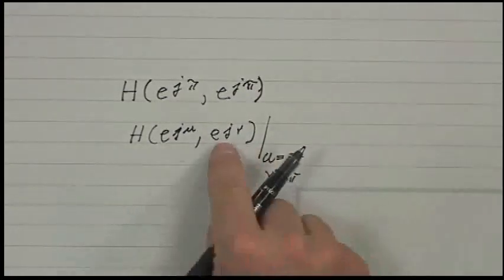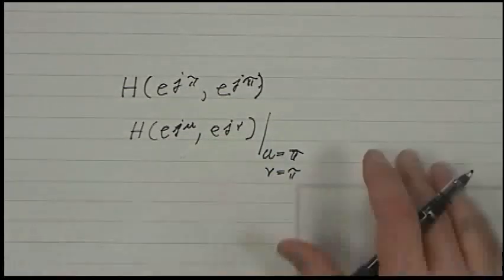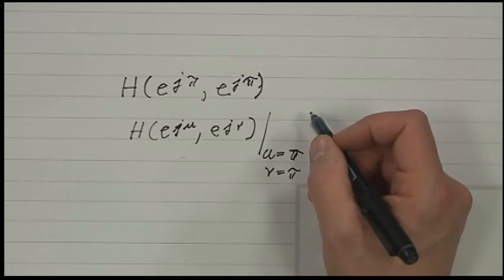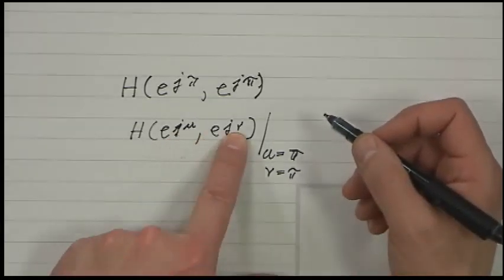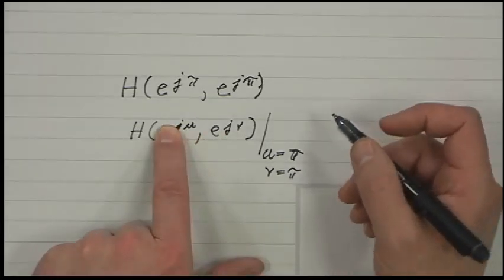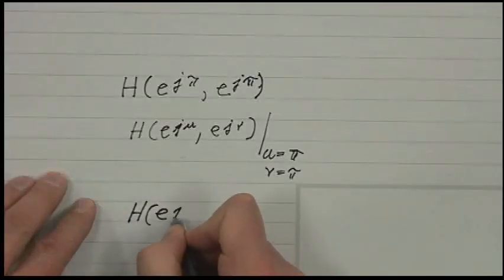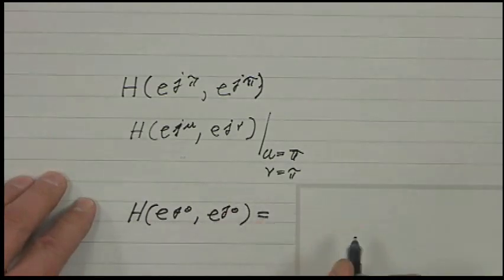Okay. Now, what's the intuition behind that? Well, one possibility is just to evaluate the Fourier transform, okay? If I go back and do that, what was the intuition when I evaluated at mu and nu equal to 0? In that case, if it's h of e to the j 0, e to the j 0, what's that equal to?